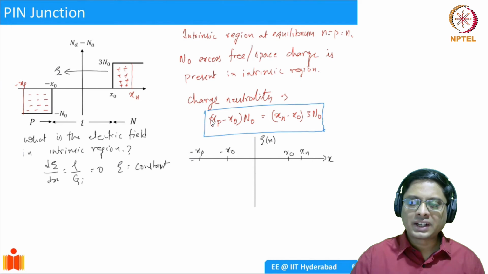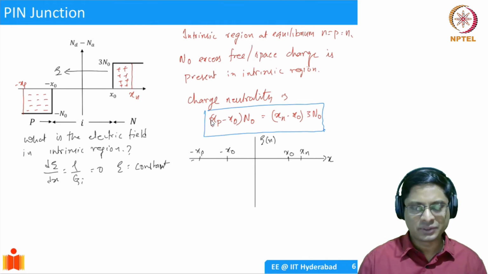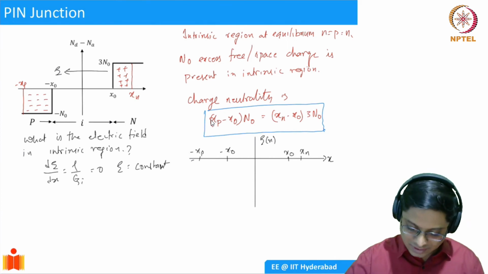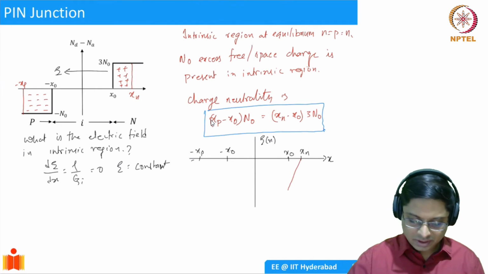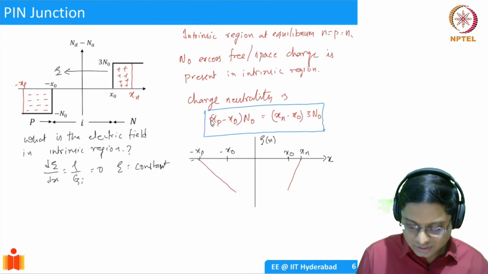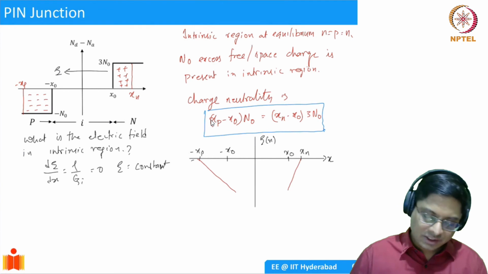The electric field outside, greater than xn and below xp, has to be 0, the same situation. Because of Gauss law, the electric field has to be of this form in the N region. Similarly, it has to be of this form in the P region. In between them, will it come down to 0 here?